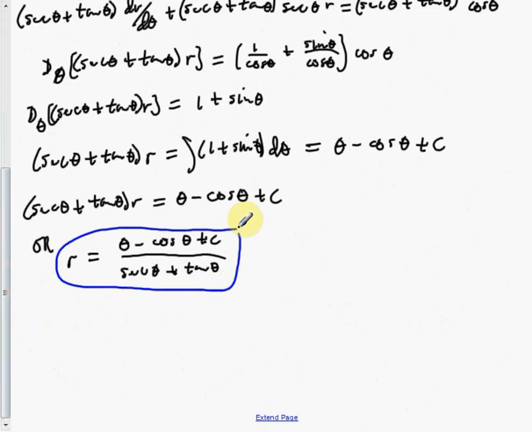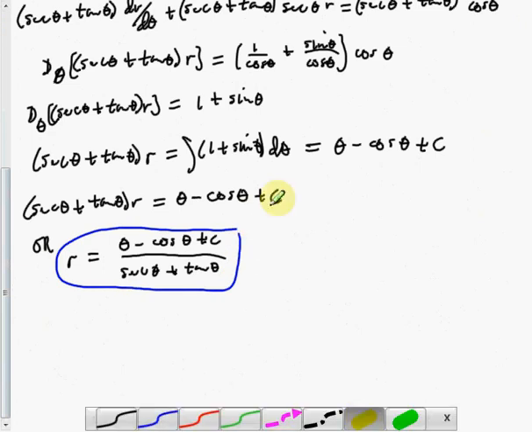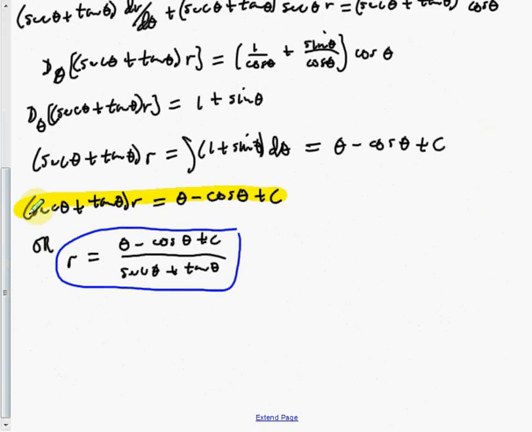And I want to say in the back of the book, I think he writes his answer like that. It doesn't matter. All right.